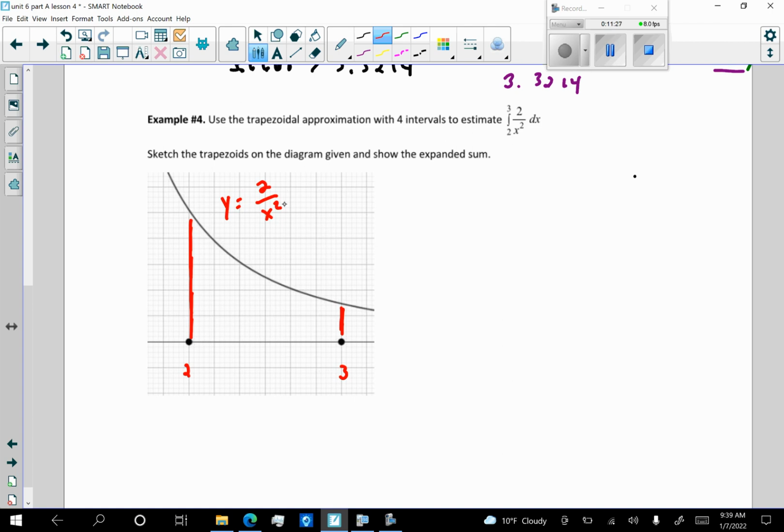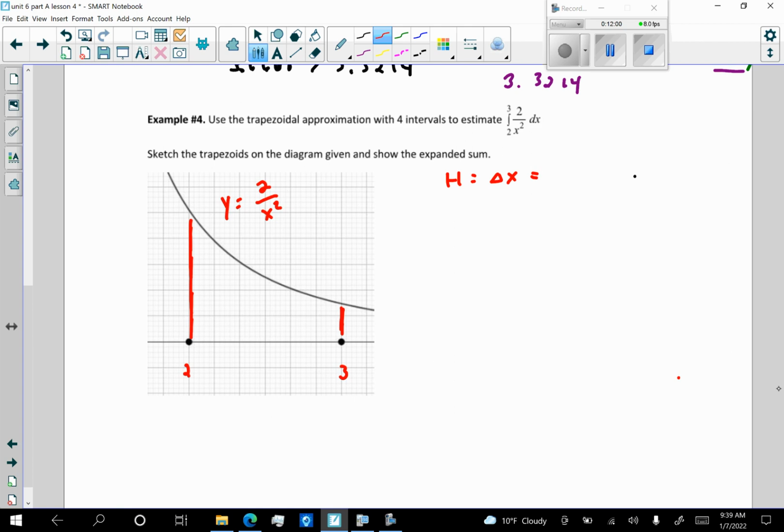The first thing I need to do is figure out what delta x is. And we know that delta x is going to be our height. We find the heights of our trapezoids just like we found the bases of the rectangles. The difference is, if I use the trapezoidal approximation, the heights of the trapezoids are going to be delta x.